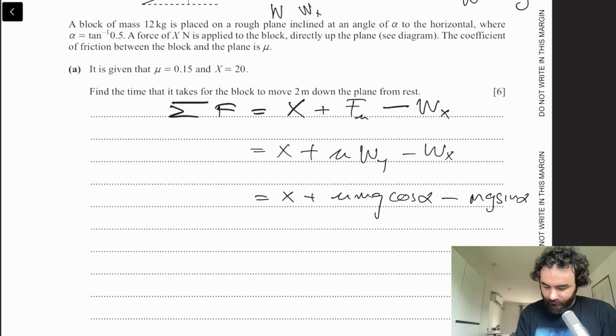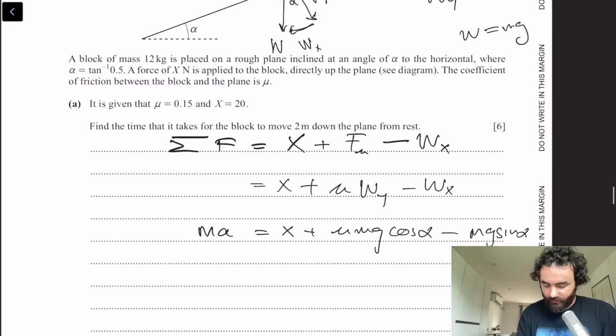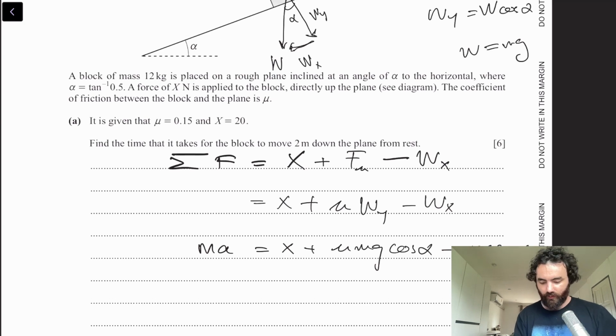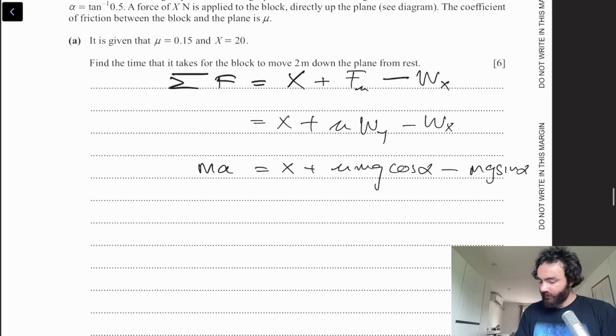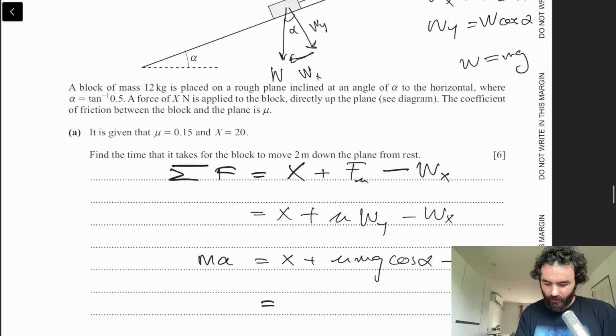Okay, so this will equal the mass times the acceleration of this block. Okay, so I guess we can just plug everything in, right? We have this, we have this, we have this.